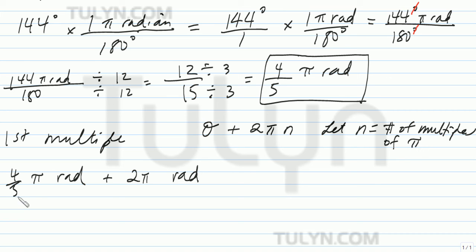So then it's 4/5 pi radian plus 2 pi radian. And 2 pi can just be represented by itself over 1.